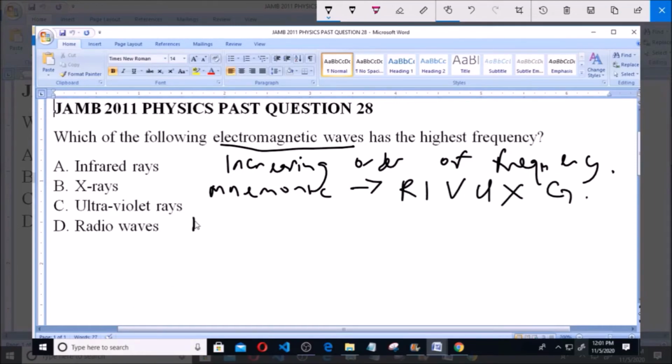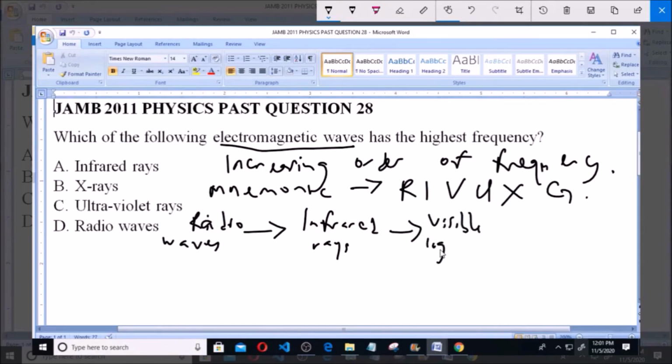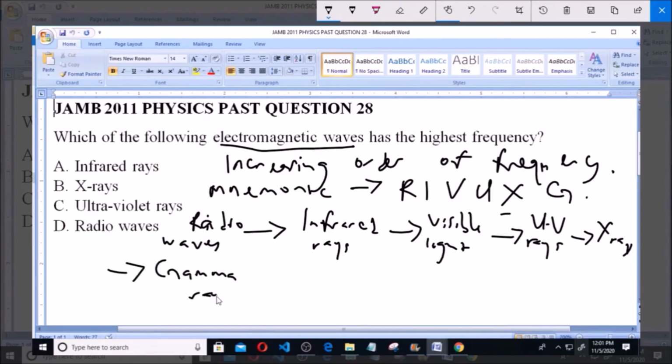So the first is radio waves with the lowest frequency, followed by infrared rays, followed by visible light, followed by ultraviolet or UV rays, followed by X-rays, and then finally gamma rays. So that is in order of increasing frequency.